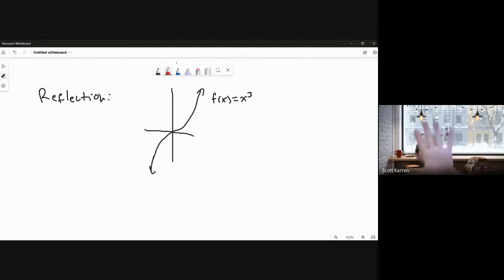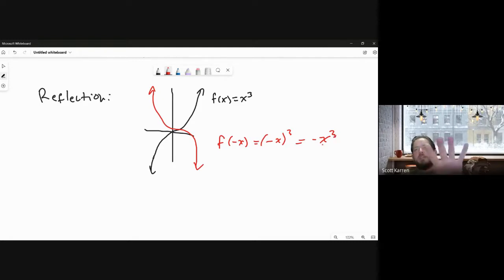And if I flip that about the y-axis, then this is that function. And it's simply taking all of my x values and saying, now evaluate it at the opposite value. And what happens is then you end up with opposite x values ending up with those y values. And so it flips this thing about that y-axis, right?